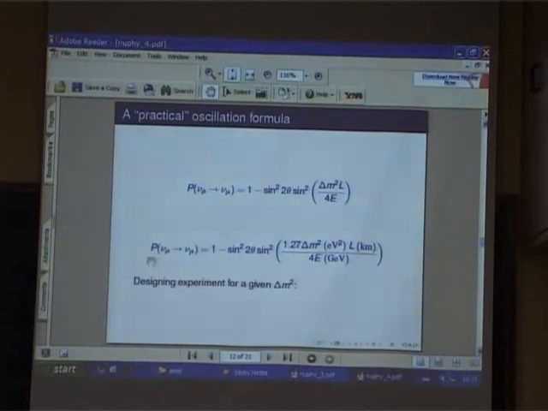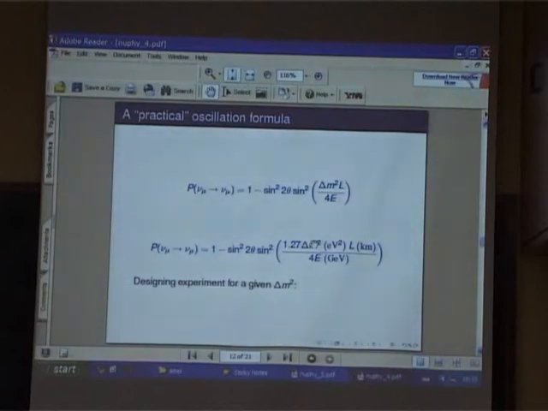I'll give you something ready-made, but you can already test this. So what does this mean? This probability is given by this formula, and the factor of 1.27 comes from unit conversion factors. Now all you have to do is write delta m square in electron volt square, always.